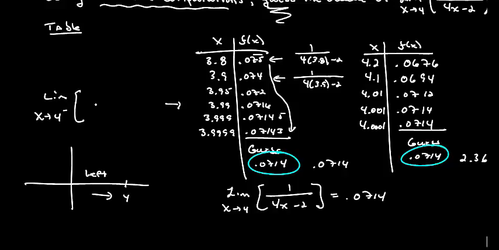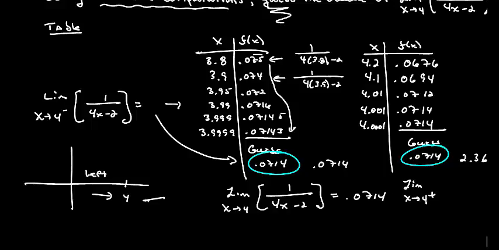So the limit as we come in to 4 from the left side, this is called a one-sided limit, of 1 over 4x minus 2, is equal to this. This guy is the limit as we come in from the right. I won't have a whole lot of room over here to write it, so I'm just going to put it down here. Limit as x approaches 4 from the right side, that means coming in from this side, of 1 over 4x minus 2, that's equal to this guy.